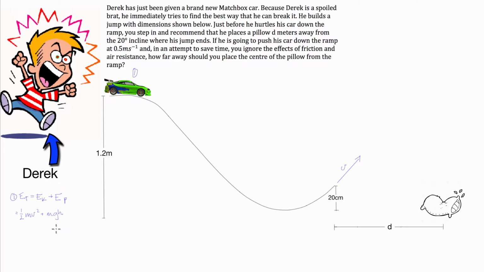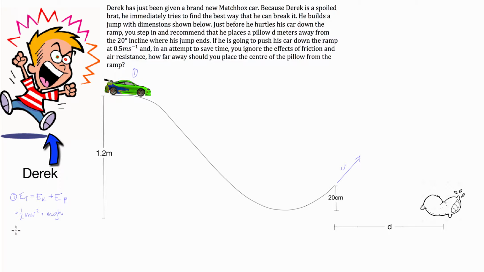Now, I don't know if you guys have realized this already, but we're not given what the car's mass is. That's not going to be a problem, but some kids would start to freak out because they can't put in a mass. So we're going to show you why it's not a problem, so you can go forth without freaking out.